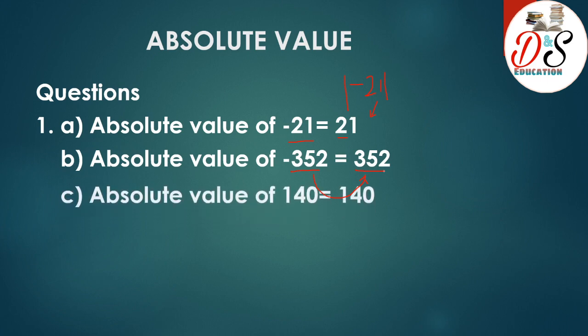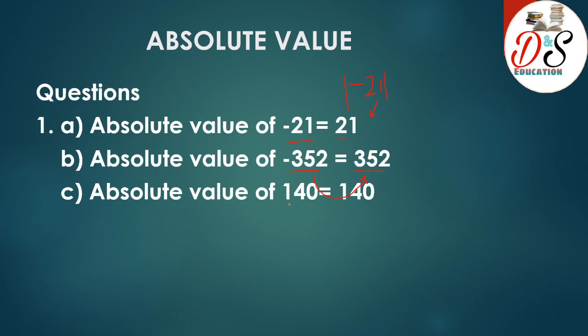Moving on, the next example is the absolute value of 140. This is already a positive integer, but that does not matter in the case of absolute value. Whatever the integer is, positive or negative, our result will always be a positive integer. So the absolute value of 140 is 140.